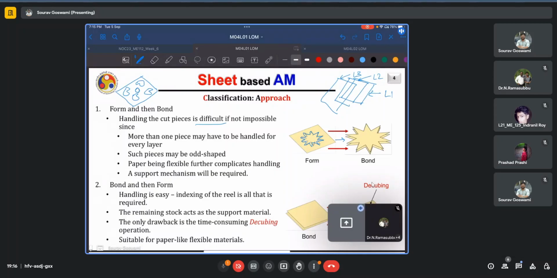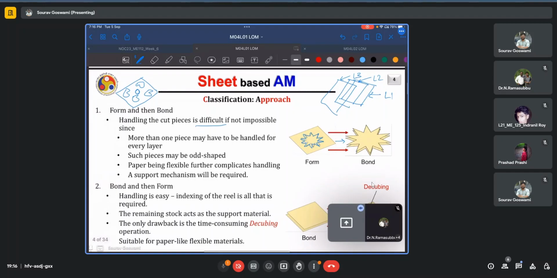Once they are already cut from the sheet material, it will be very difficult to handle them. We will also lose the sense of alignment of where they're supposed to be placed, and in general this may lead to errors in our final printed part.